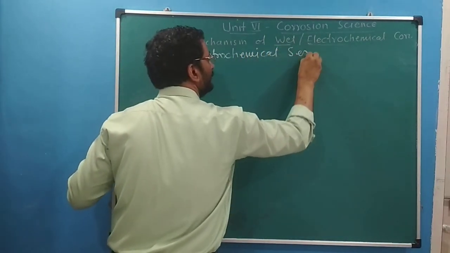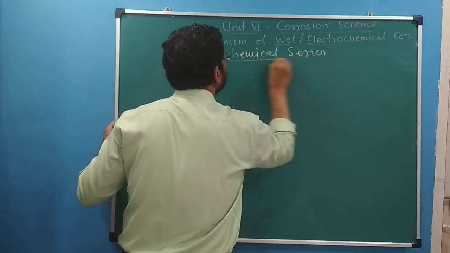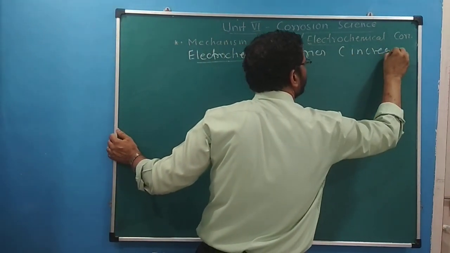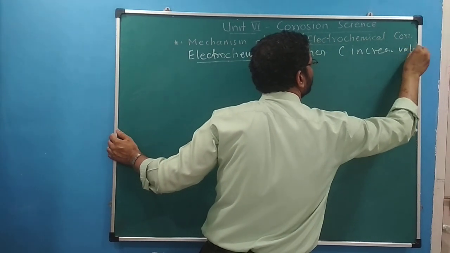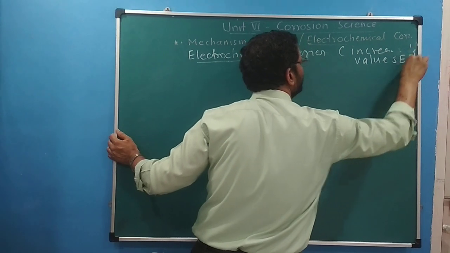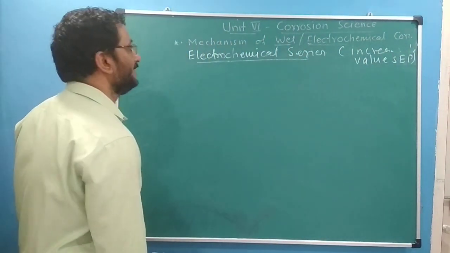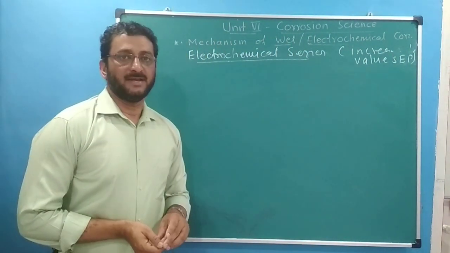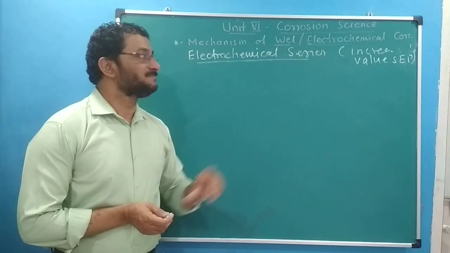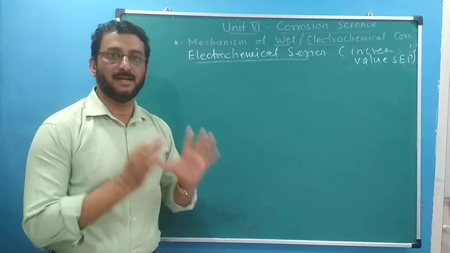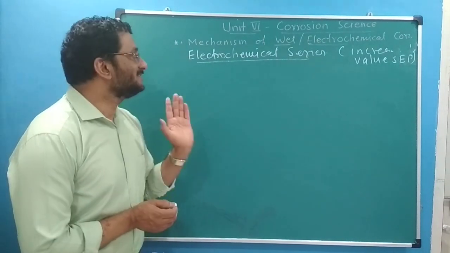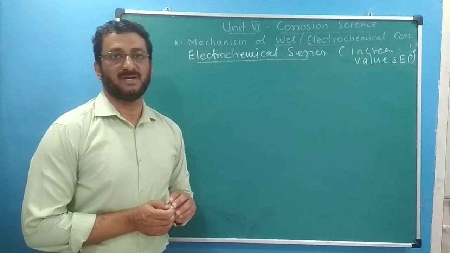Electrochemical series. Okay, as per the increasing value of SEP, these elements are arranged, isn't it? So the first series, in which elements are arranged as per the increasing value of their standard electrode potential, is called the electrochemical series.